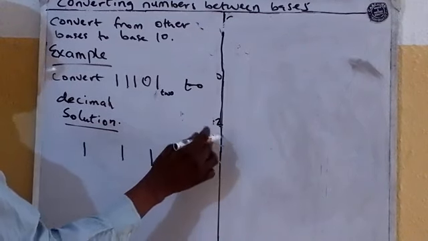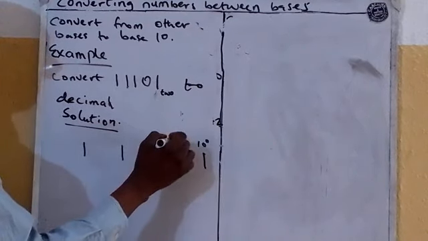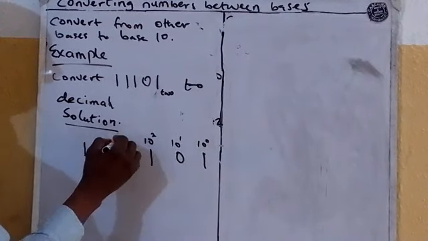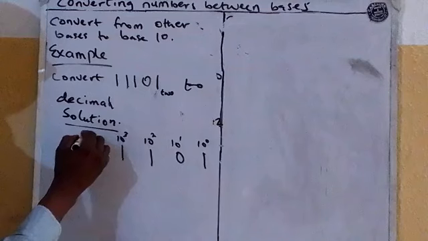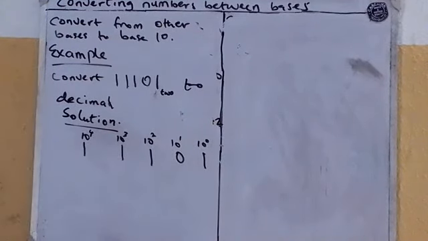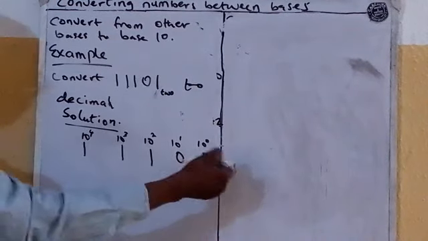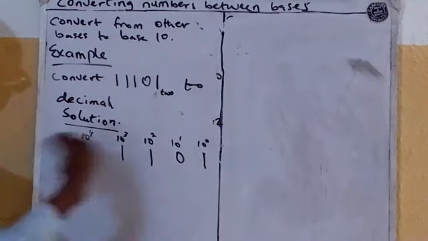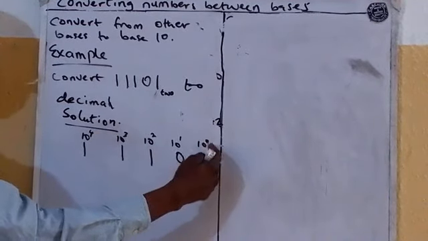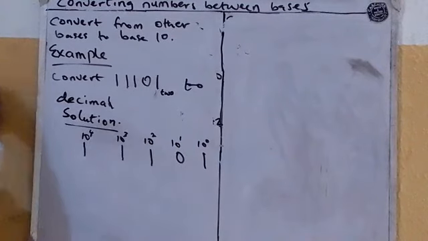So the power of 10 here is 0. The power of 10 here is 1. The power of 10 here is 2. The power of 10 here is 3. The power of 10 here is 4. So that's how it is. If you have another one here, the power of 10 there will be 5, and so on, it will be increasing. From the right to the left, it will be counting from 0, 1, 2, 3, 4, and so on.